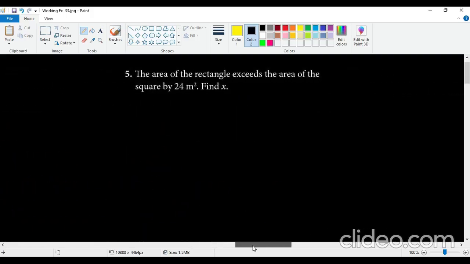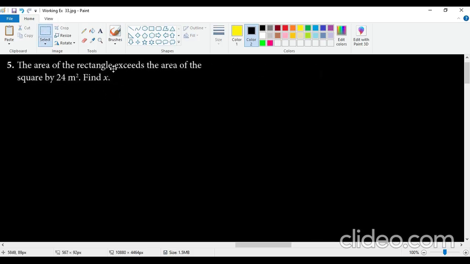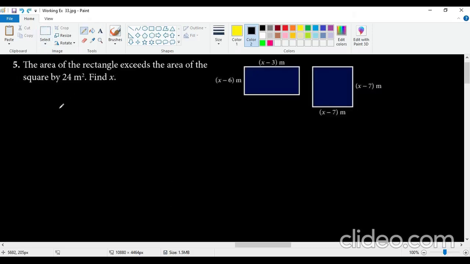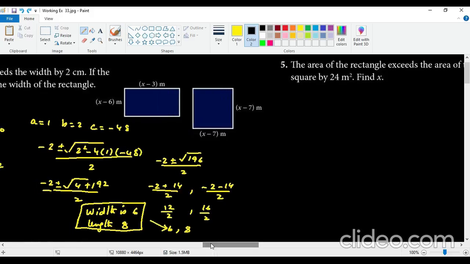In here, I will bring this guy a little over here. When it comes to question number 5, it says the area of a rectangle exceeds the area of a square by 24. Just to mention, this image was over here by mistake.